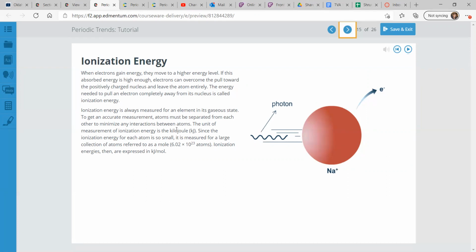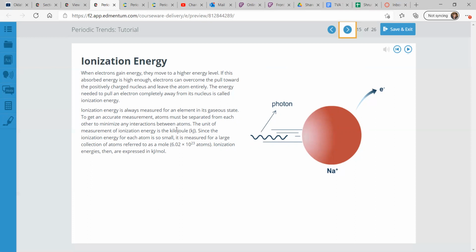A mole is just a way to say how many atoms there are. So instead of saying 6.02 times 10 to the 23 atoms, we say it has 1 mole, which equals 6.02 times 10 to the 23 atoms.